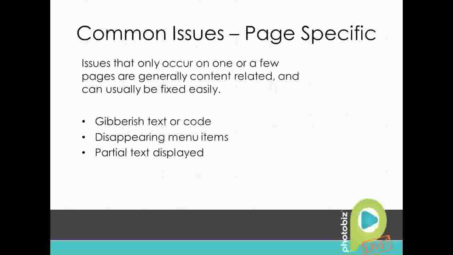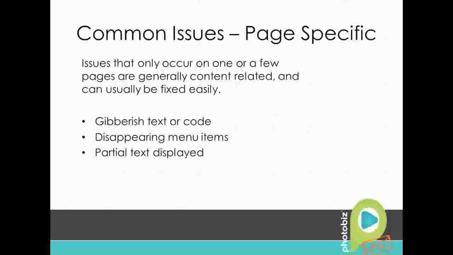Okay, so now if you go to your site and you see an issue with some pages, but other pages are just fine, and it's very page specific, generally speaking, those issues are content related, and these are things that you can usually fix very easily.